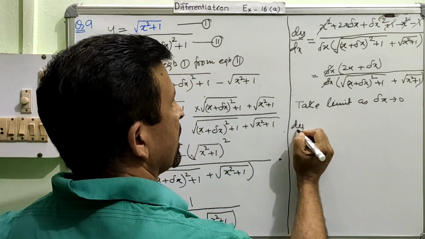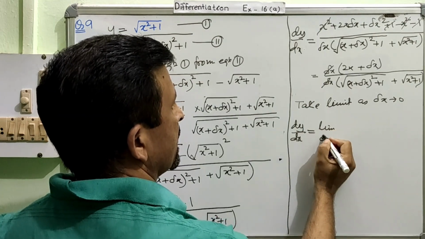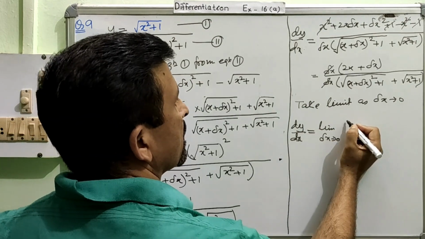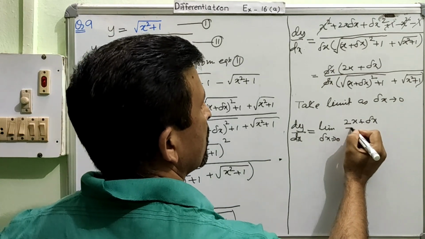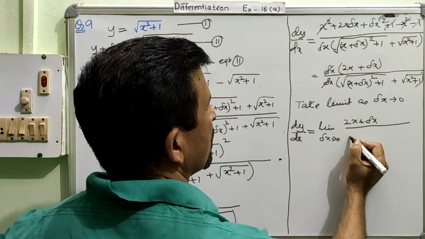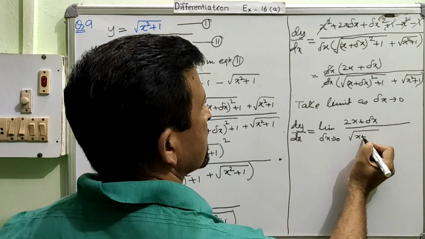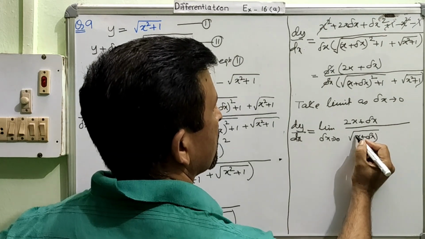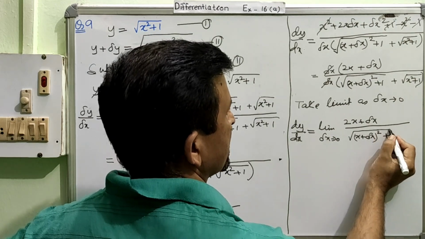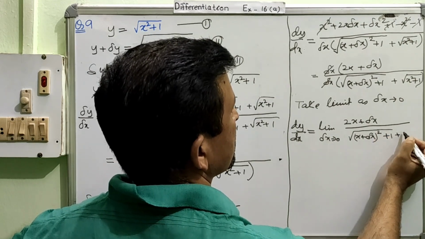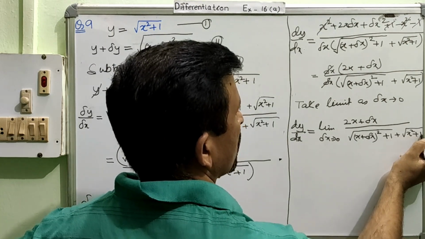So left hand side will become dy by dx, right hand side limit delta x tending to 0. We are left with 2x plus delta x, and in the denominator we are left with root over x plus delta x whole square plus 1, plus root over x square plus 1.